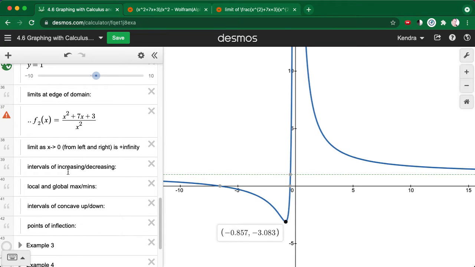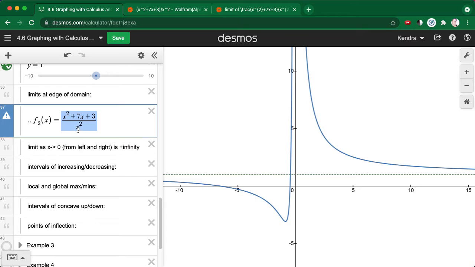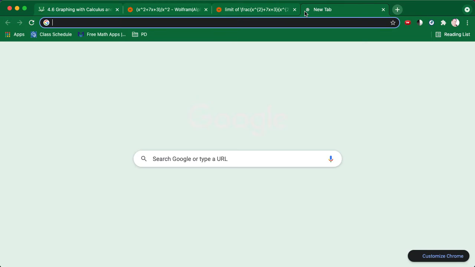but let's confirm that. Now, in the last example, I took the derivative basically because it was pretty easy. It was a polynomial, and I am going to utilize tools on this. So I am going to copy this, and I'm going to go to Wolfram Alpha.